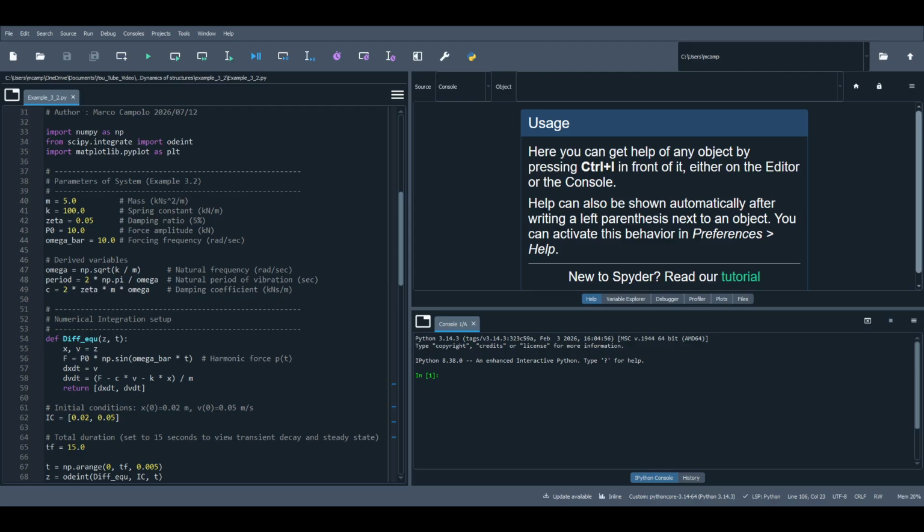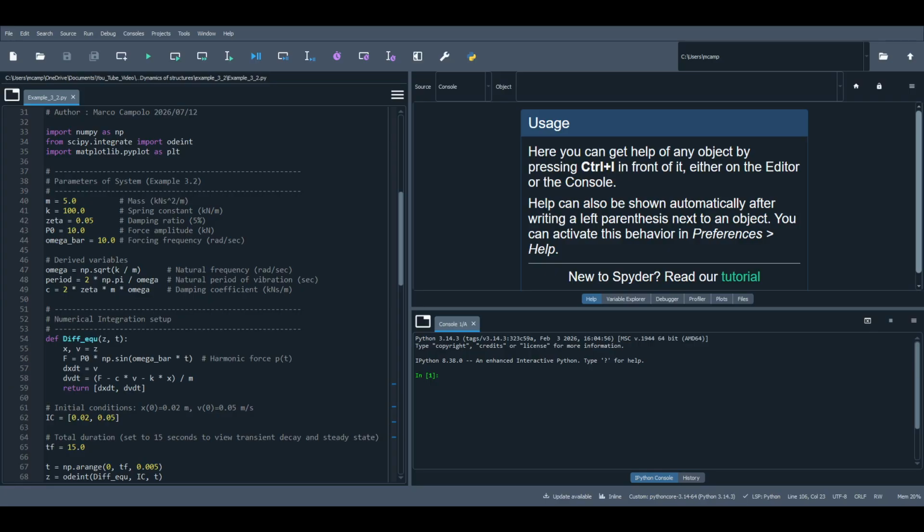In the lines between 54 and 59, there is the definition of the differential equation. So we define the function for the differential equation. Z is a list that contains the current state, displacement x and velocity v.